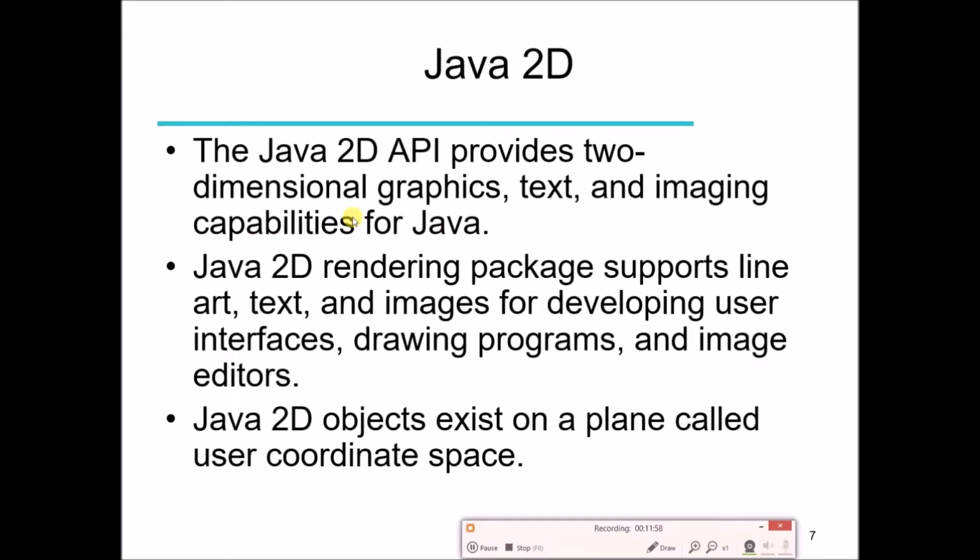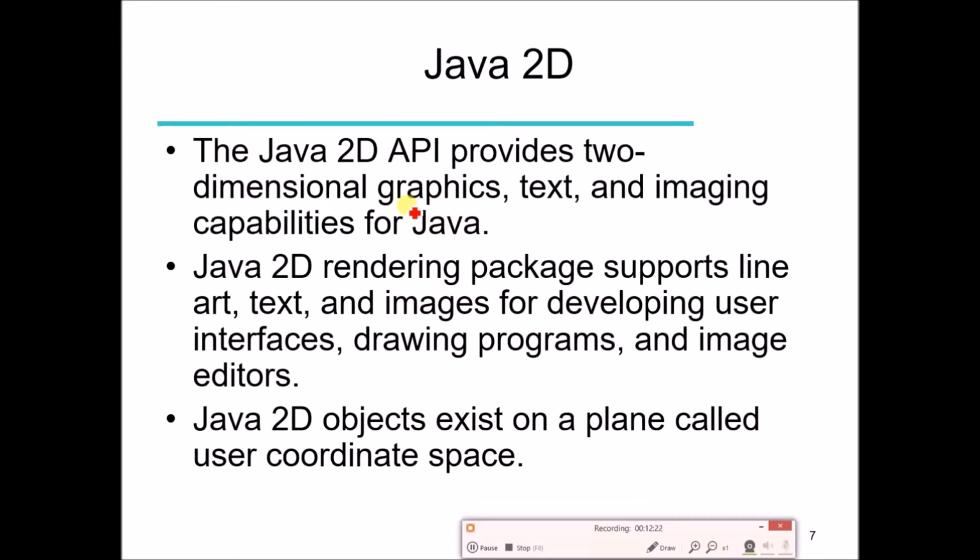Now let's talk more concretely about Java two-dimensional programming. The Java 2D API provides two-dimensional graphics, text, and imaging capabilities for Java. We can use the 2D API if we want to draw two-dimensional graphics. Two-dimensional graphics means, for example, a line, a rectangle, a polygon.